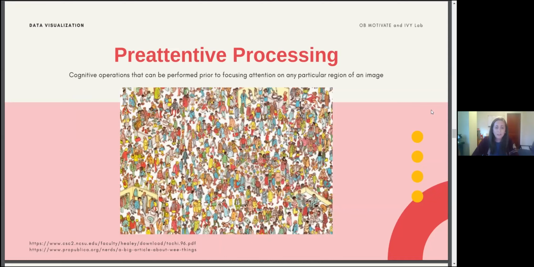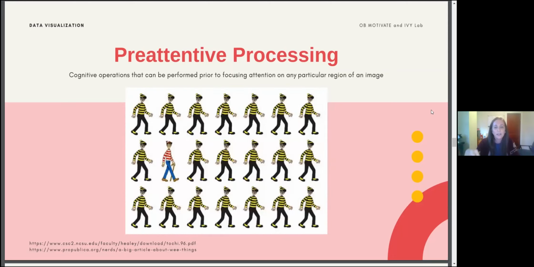So here I have a classic image from the Where's Waldo series. And obviously there are no pre-attentive processing attributes at play here. Everything is a mess. It's going to take forever to find him, as you all know, but we can easily help make sense of this by capitalizing on color and position to make Waldo pop so that it is immediately obvious where he is.